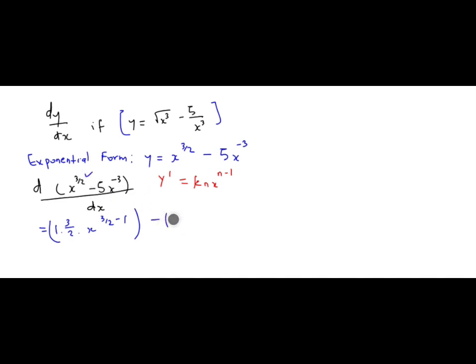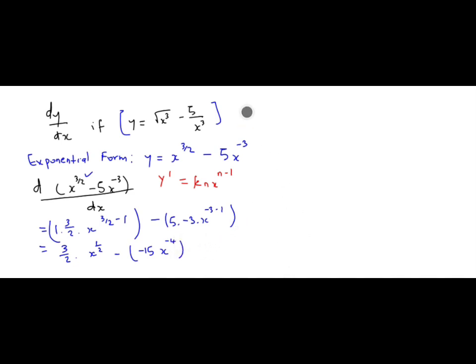So this time around, my coefficient becomes 5, my exponent is minus 3, x, exponent minus 3 minus 1, and this then becomes 3 over 2 x to the power 1 over 2 minus bracket minus 15 x to the power minus 4.